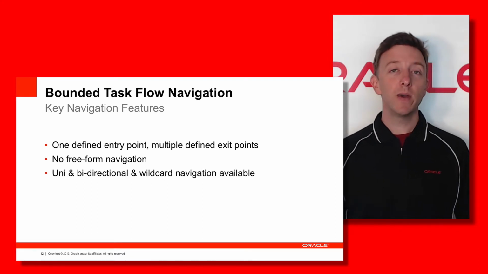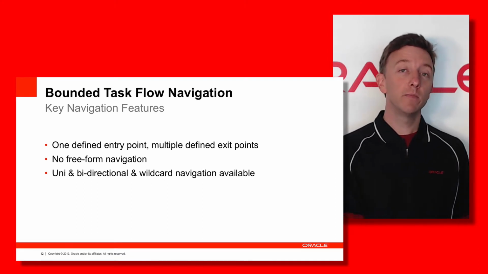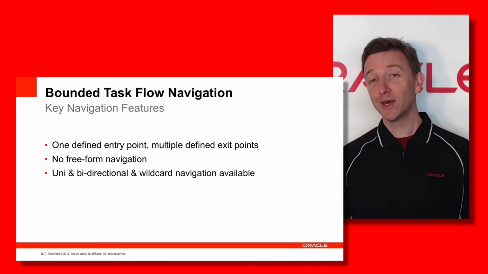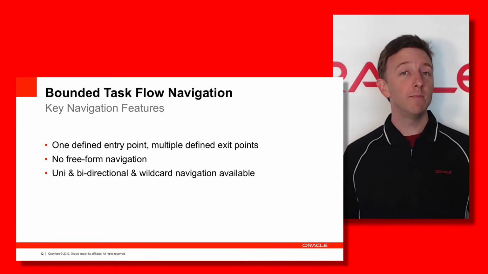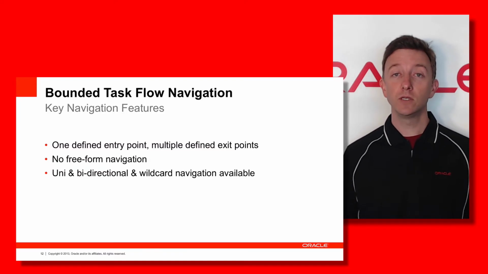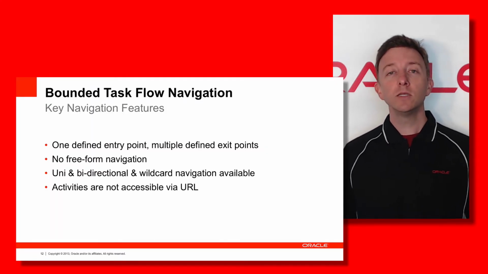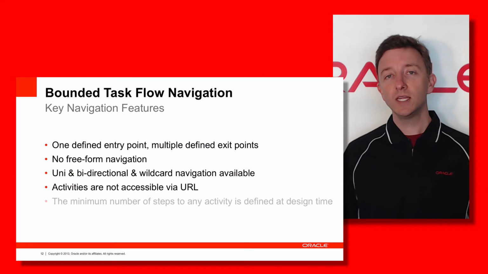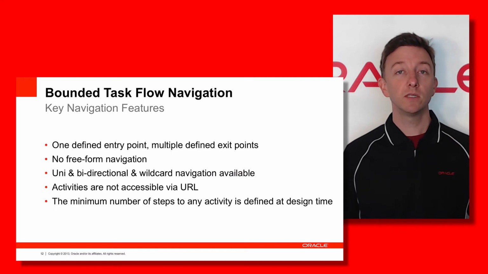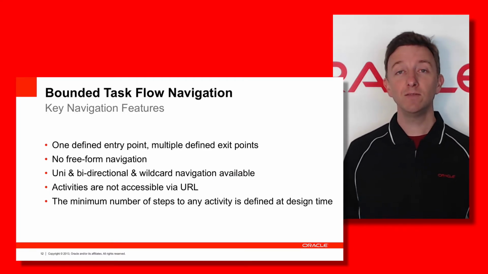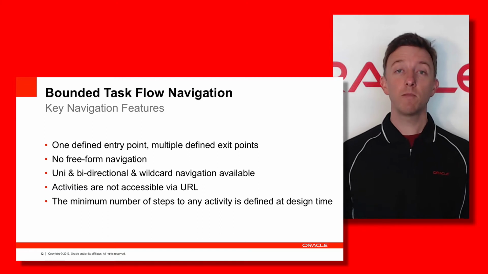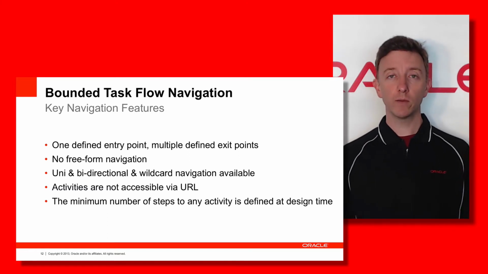Now, in talking about bounded task flows, unlike their competitor, or I should say their sister, the unbounded task flow is not really a competitor, the bounded task flow does not allow the user to skip to any activity through a URL parameter. In addition, the minimum number of steps that it takes for a user to get to any defined activity in the bounded task flow is defined by you at design time, the programmer.